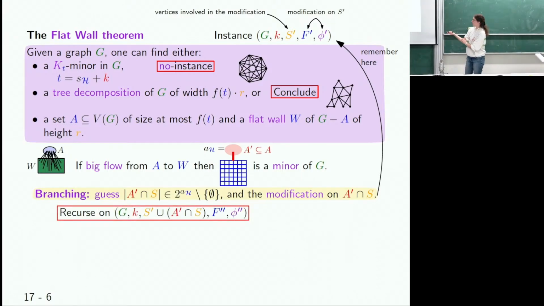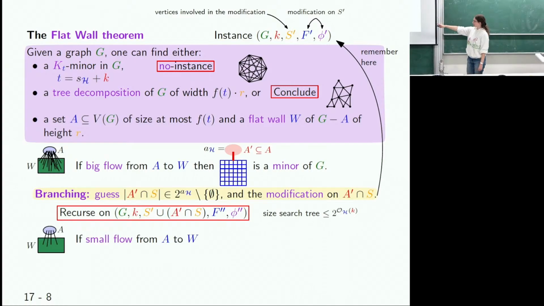And so we recurse on the new modification that we guessed. That's what was below. So this is not a big search tree because we know that at most k vertices are involved in the modification, so it has depth at most k. And your set A prime has size at most the apex number, so it's not too big. I mean, it depends on h.